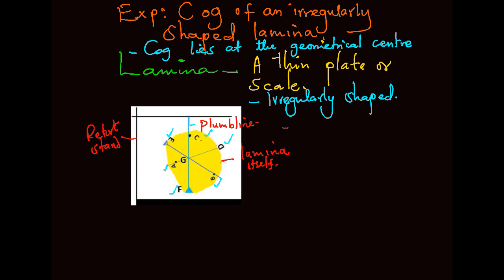When the apparatus is arranged as shown below, we note that the suspended lamina will always rest with its center of gravity vertically below the point of support. So, if we support the lamina through hole C, for example, then the lamina will always rest with its COG vertically below the point of support.